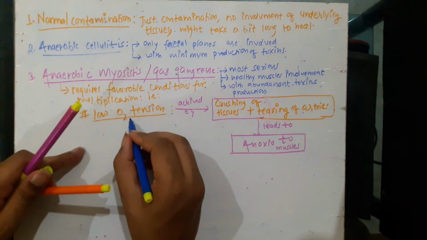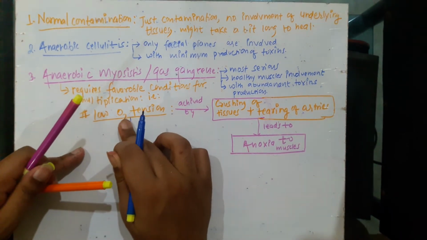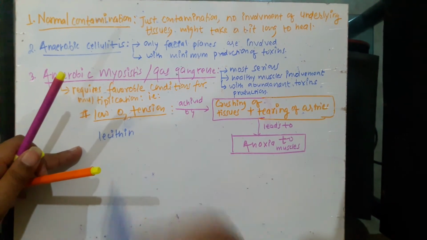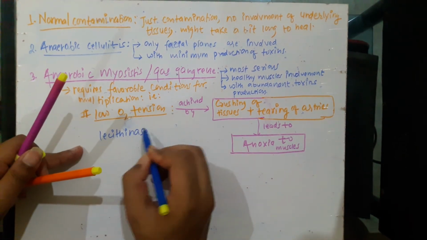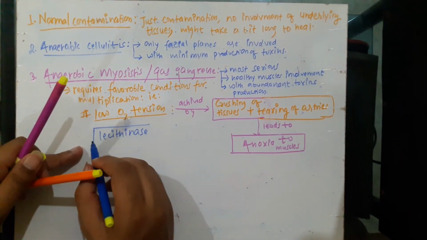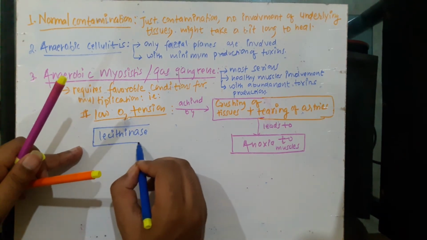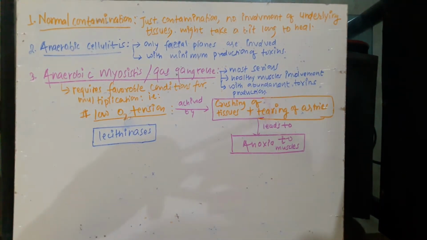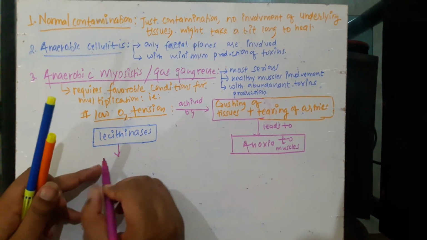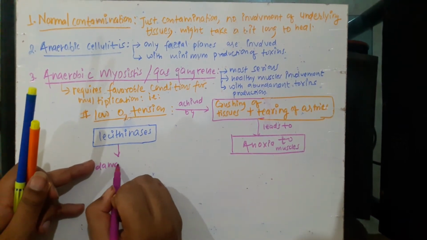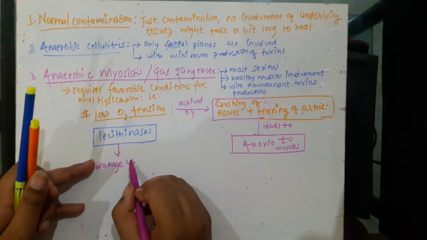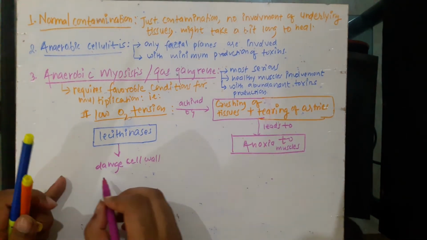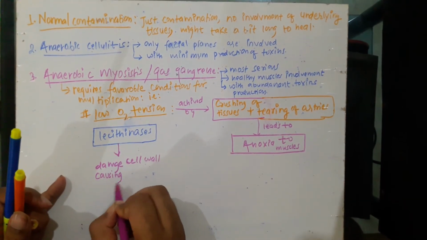And the other one is lecithinase. They damage the cell wall, which causes extravasation.